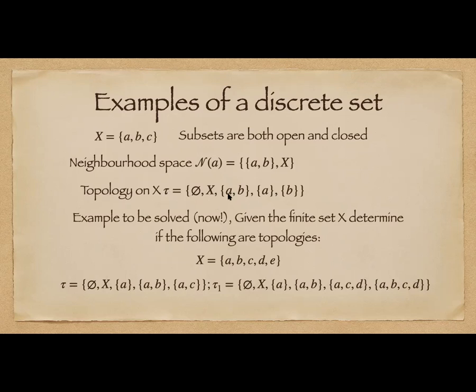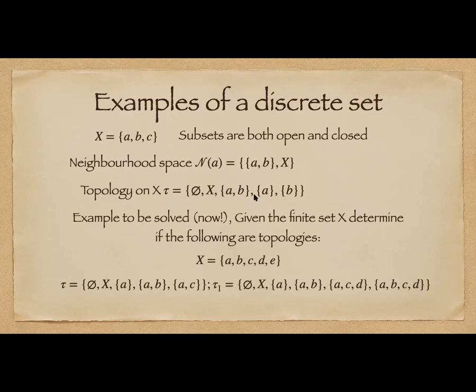So if we take a union of X with empty, it's X. If we take a union of X with AB, it is ABC. So that is also in here. We take the union of AB with A, that is AB, that's also in here. If we take the union of A and B, that's AB, that's in here. So all the unions are in this collection.